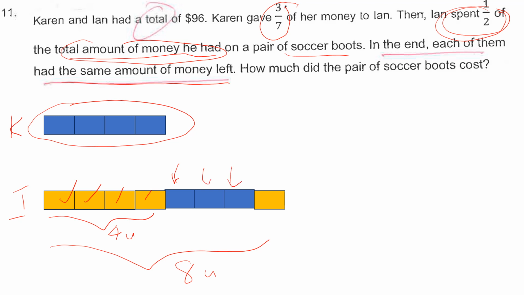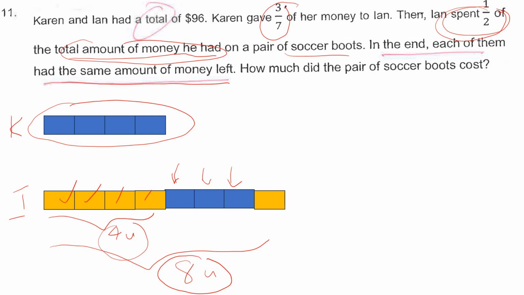That means at first he will have 5 units, plus the Karen 3 units. Total he has 8 units. And out of the 8 units, half was spent on the soccer boots. Therefore, he was left with 4 units. With this understanding, we'll move on to solve this question.